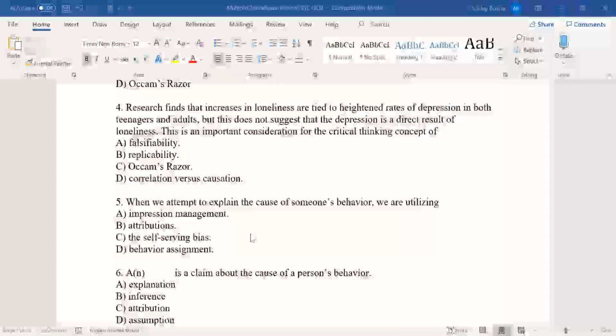Could you just go back over falsifiability, please? Falsifiability. Okay, so a statement is falsifiable if you find evidence that contradicts the hypothesis.